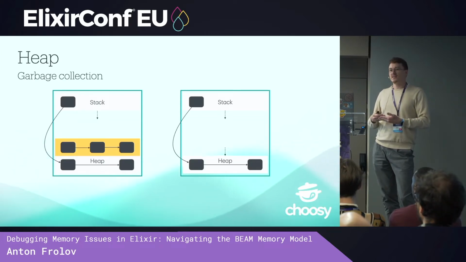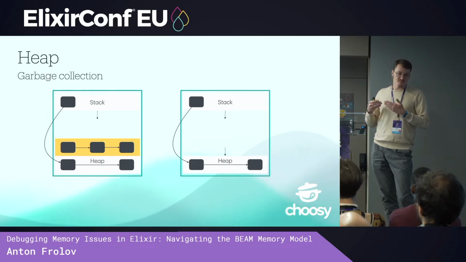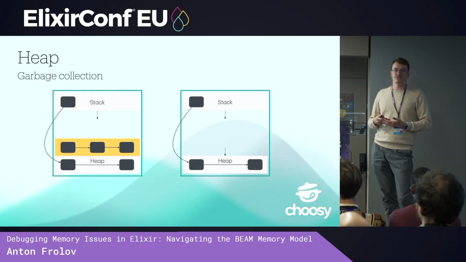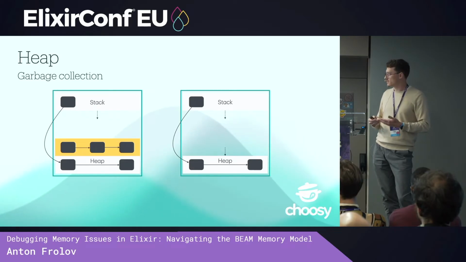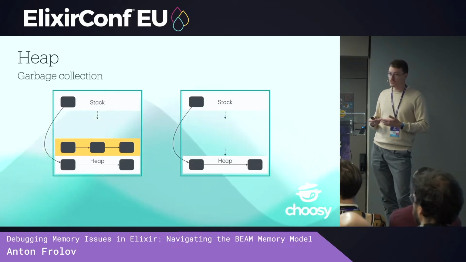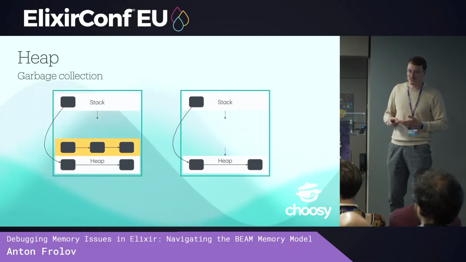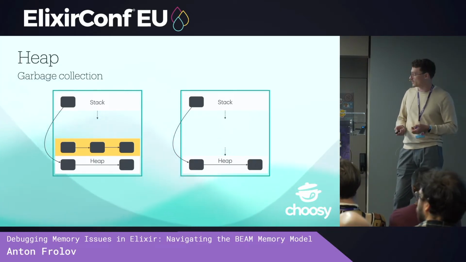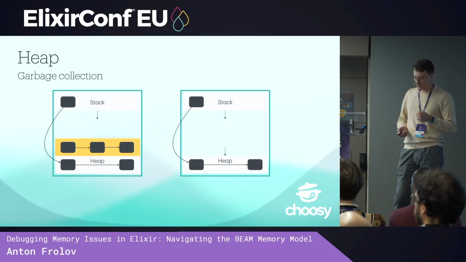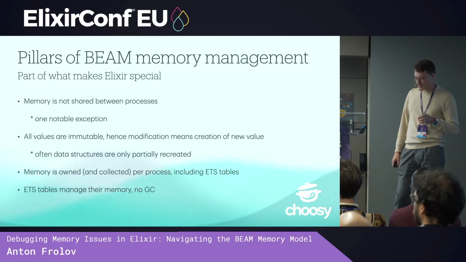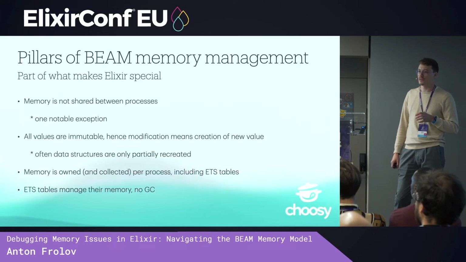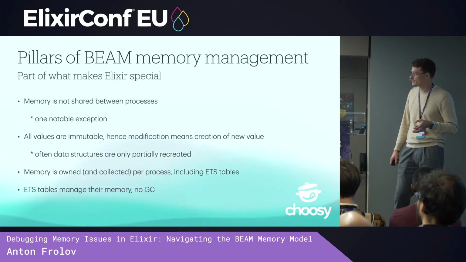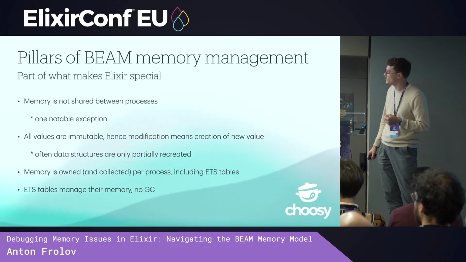Simply saying, Elixir uses Beam's tracing garbage collector, so it just checks what data can still be reachable. We don't really have objects. The ones that it cannot reach are reclaimed, so they are removed. The basic things about Elixir memory management come from the Beam pillars of memory management.